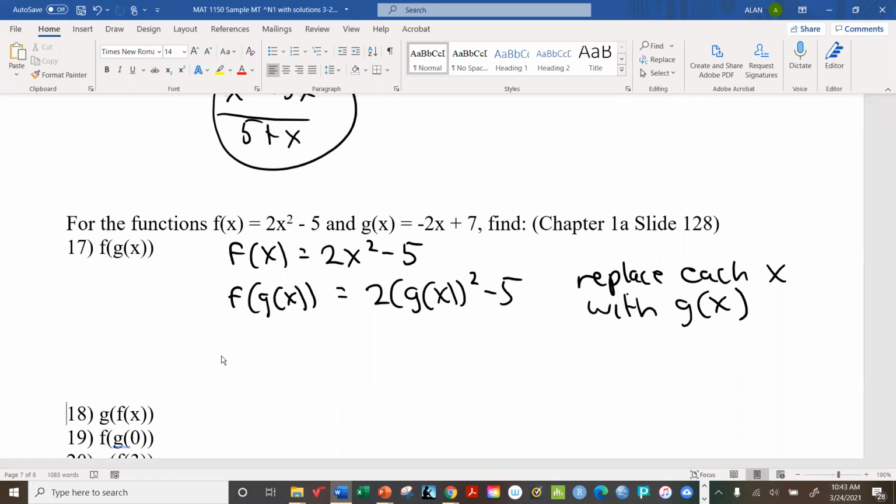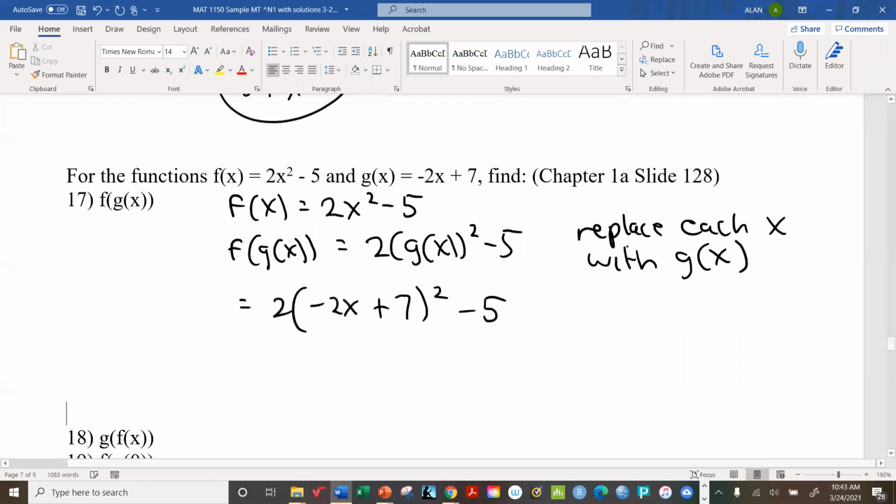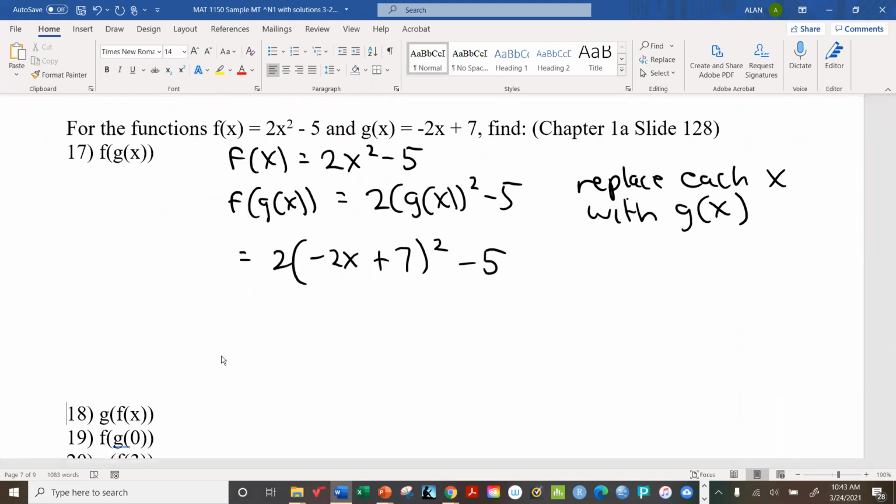Now you make the substitution. This is a good idea just so you can visualize what you're doing. But now you have to actually substitute the expression here: 2 times minus 2x plus 7, squared, minus 5. And then ideally, in a case like this, you should probably simplify it a little.